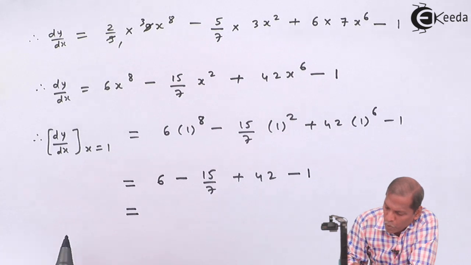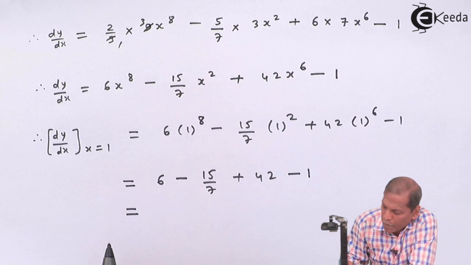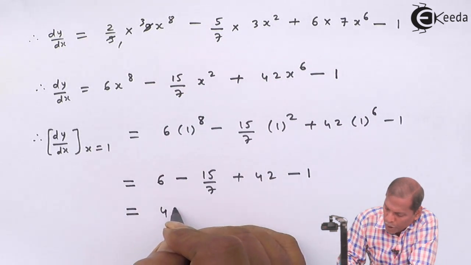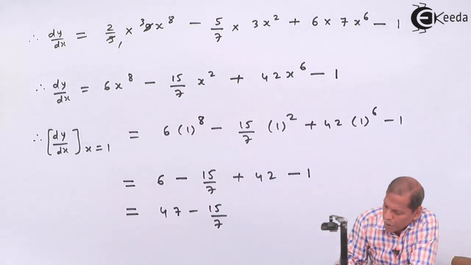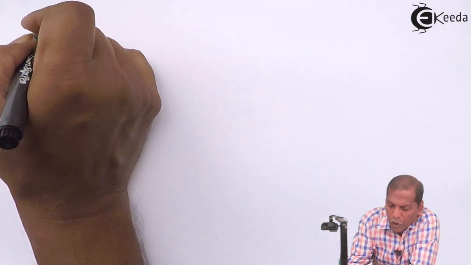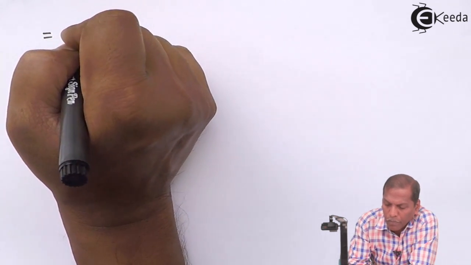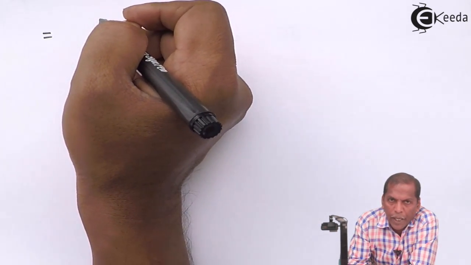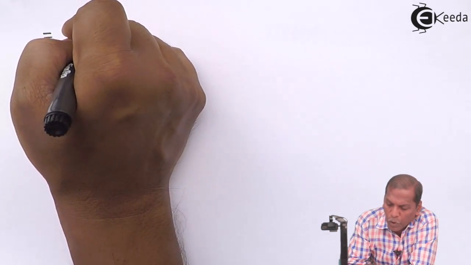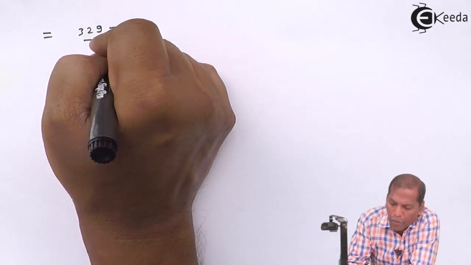So that is equal to, now 6 plus 42 gives 48. 48 minus 1 means 47 minus 15/7. So on cross multiplying we get now 47 into 7, so 7 into 7 is 49, carry 4, then 7 into 4 is 28 plus 4 is 32, minus 15, whole thing divided by 7.